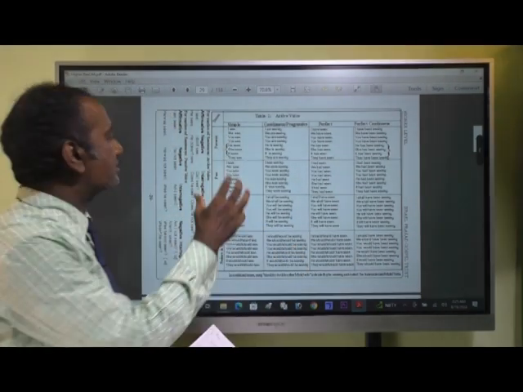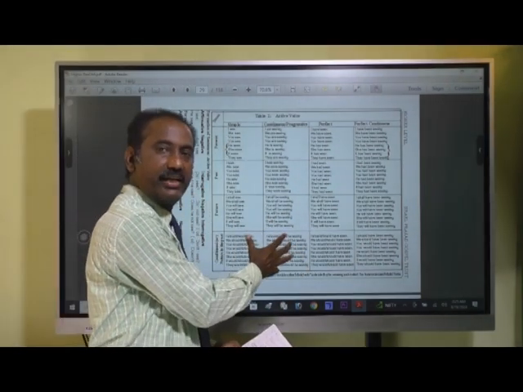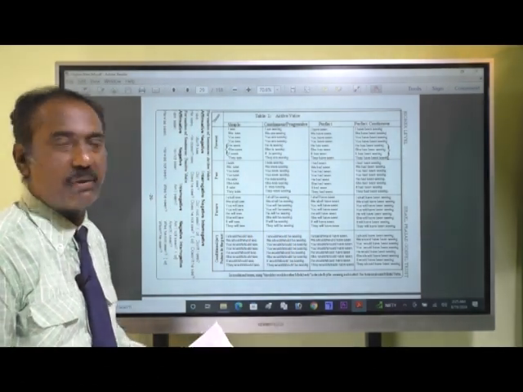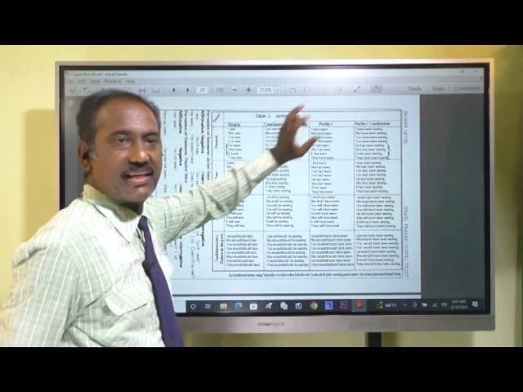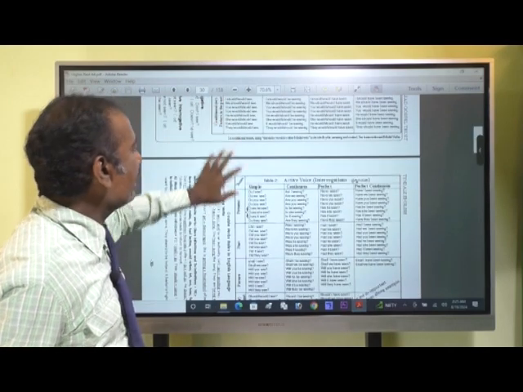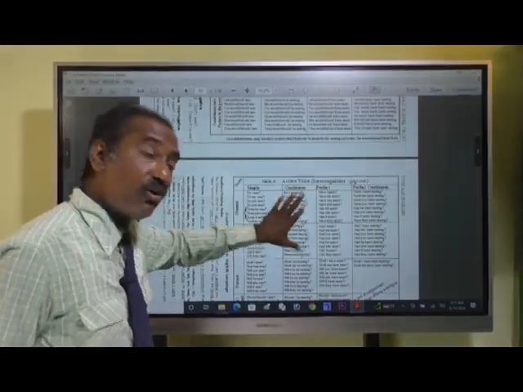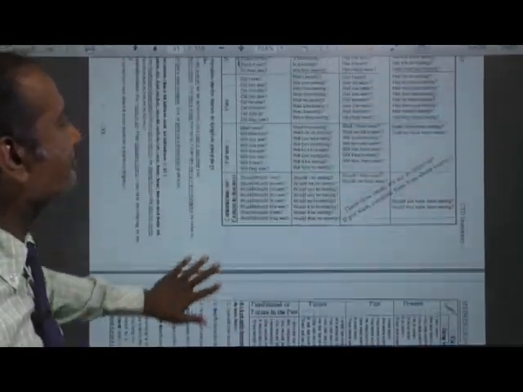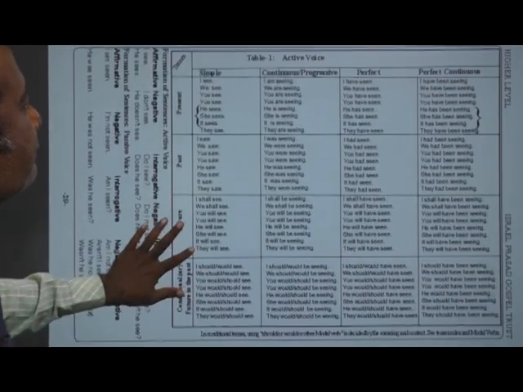This is the 16 tenses table in English. Try to zoom if possible. Active voice table. Next is active voice interrogative table. Next is passive voice table. See here.